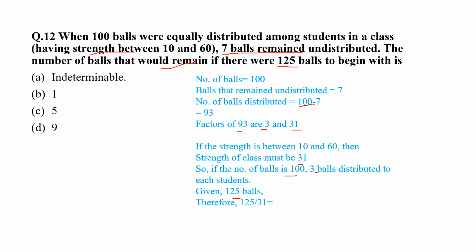The quotient is 4, meaning 4 balls are distributed to each student, and the remainder is 1. The answer to our question is B, that is 1, because the remainder has been asked in the question, right?